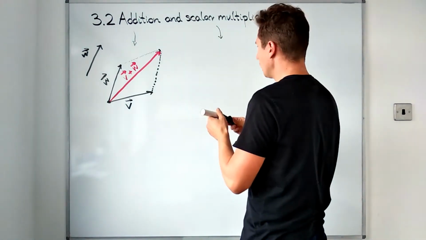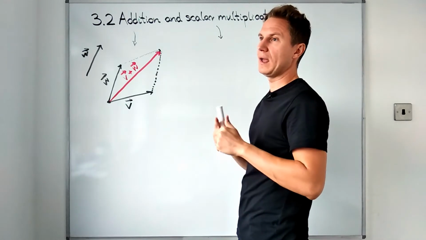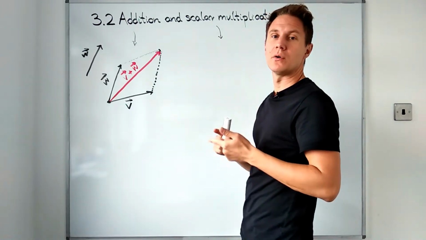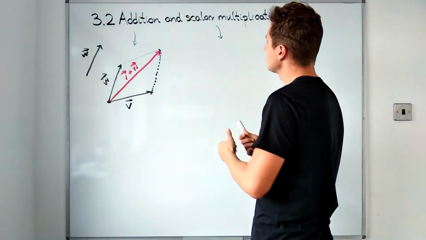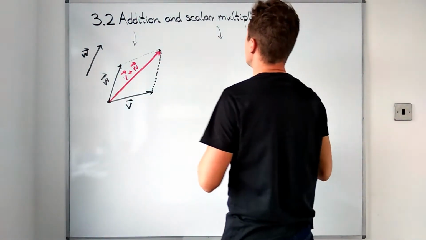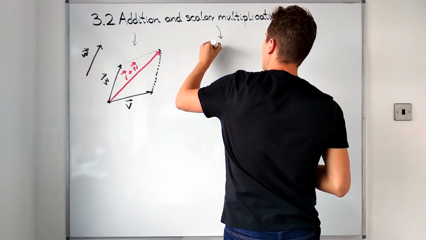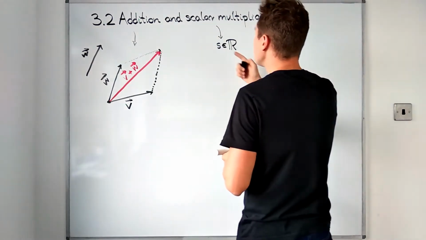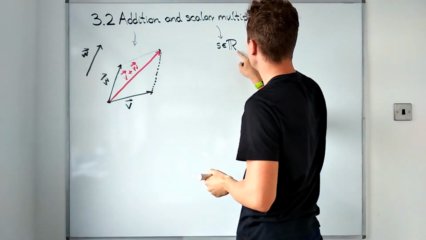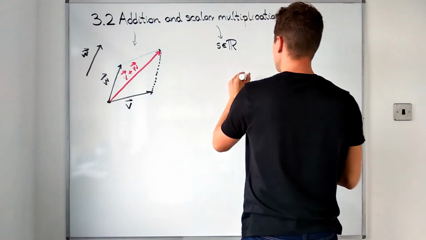By scalar quantities, remember I've given you the example of the mass of a body or the temperature at some point in space. So by scalar we mean numbers. We take a scalar, let's call it s. It's a real number, and we want to multiply a given vector by this real number.